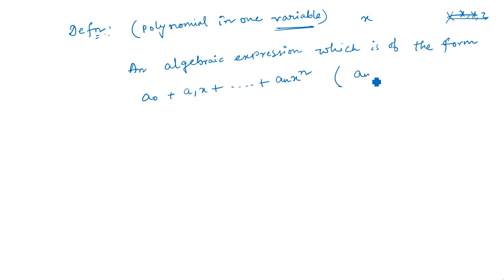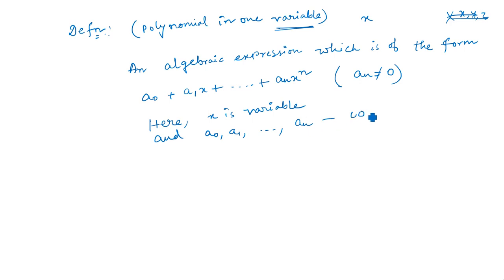Keep in mind, an will always be not equal to 0. Here x is the variable and a0, a1, ..., an are constants.